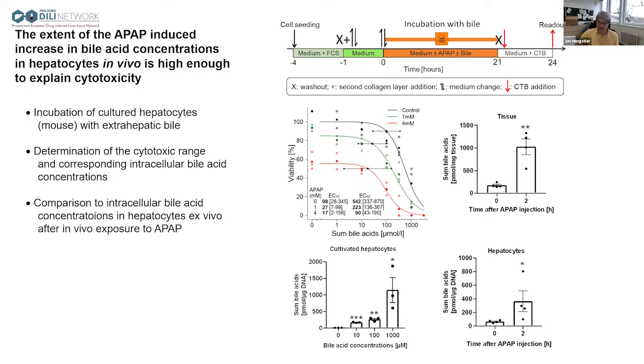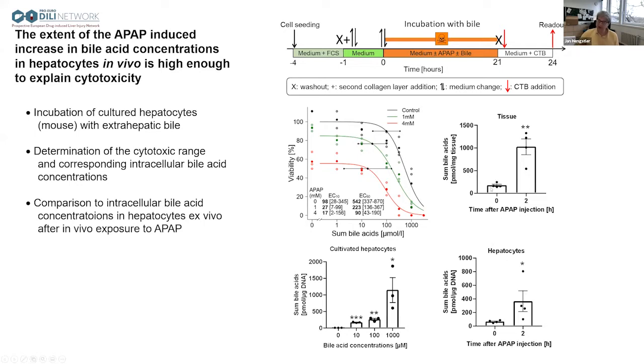And now we know which concentrations show a beginning and a severe cytotoxicity, and we harvested the hepatocytes and analyzed the intracellular bile acid concentrations. And with increasing concentrations in the culture medium, the intracellular concentrations increase. And this could now be compared to the in vivo situation.